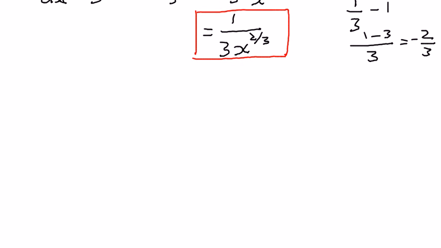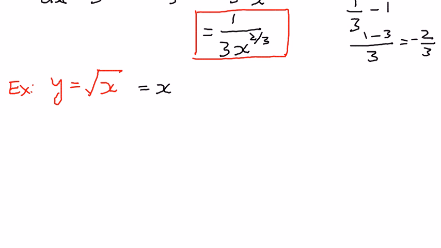Let's take another example. In this example, let us say we want to find the derivative of y is equal to square root of x. As we mentioned in the previous example, the radical terms, we can write as exponential terms.